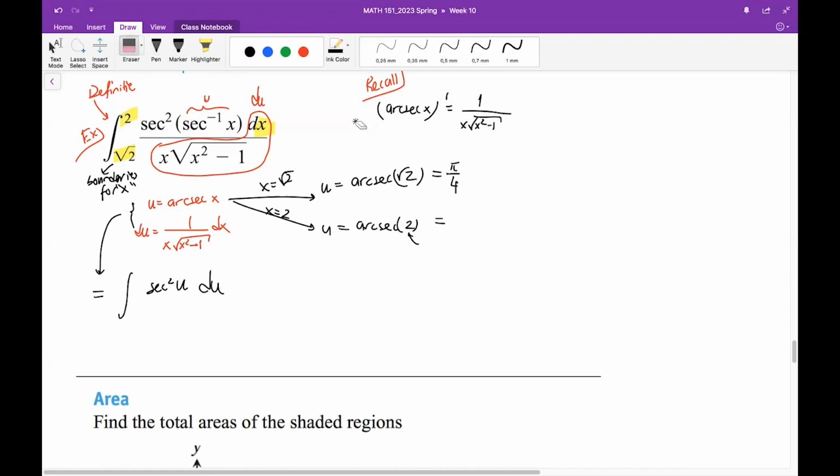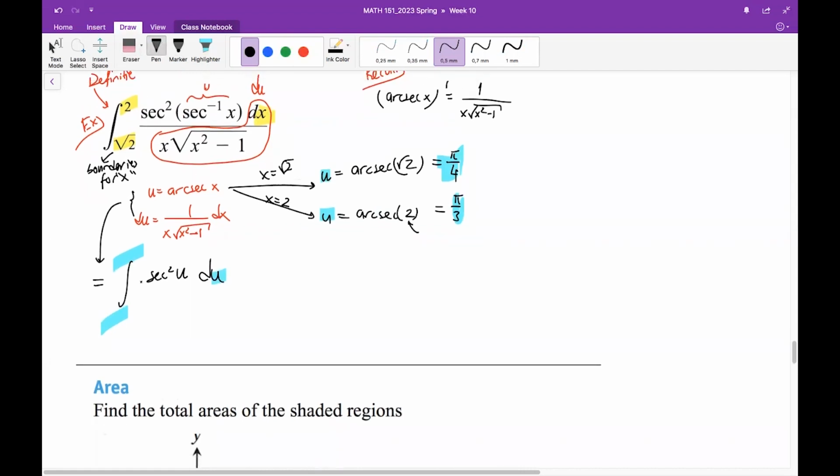It is also a famous angle, pi over 3, okay? So these two are now the new boundaries for u. And you have to write your new boundaries here. You cannot just directly use the boundaries for x. No, these are the boundaries for x, but my new integral depends on the new variable u, so I have to put here new boundaries for u, like that.